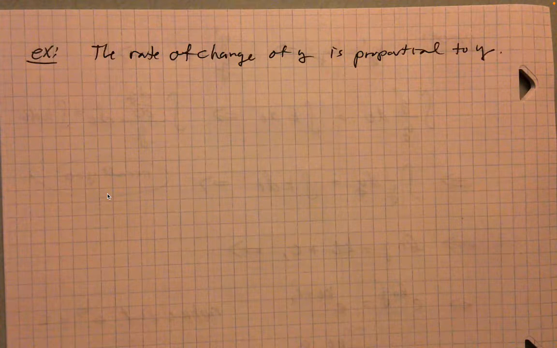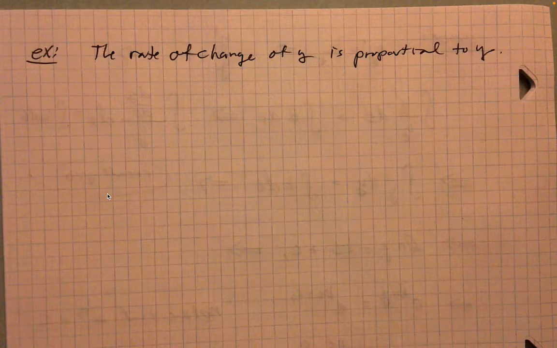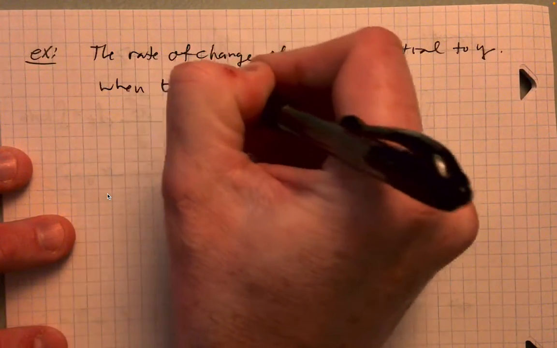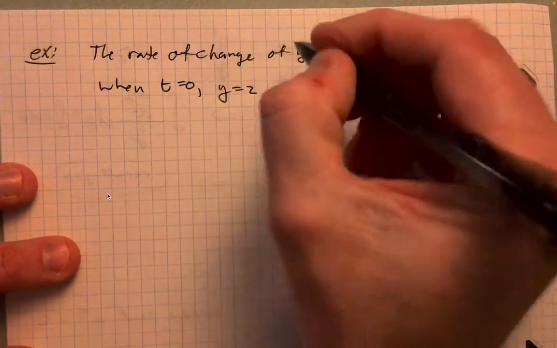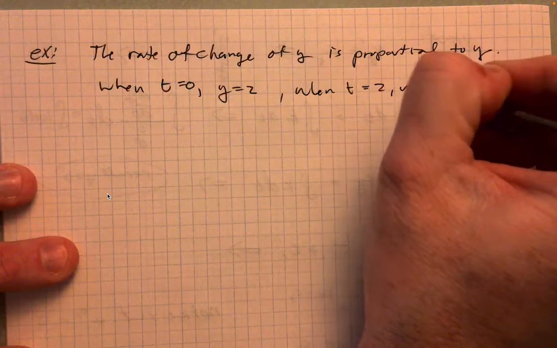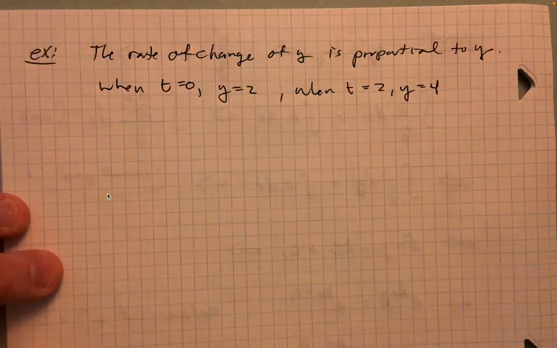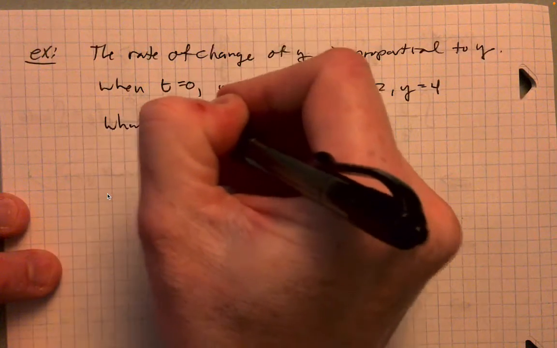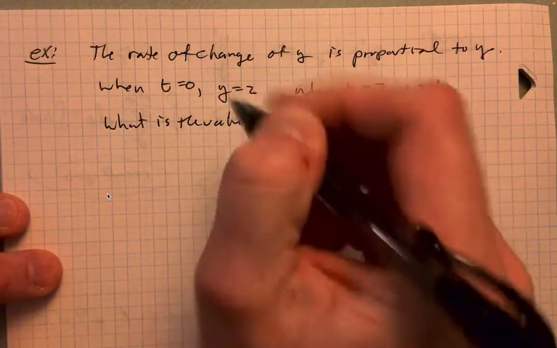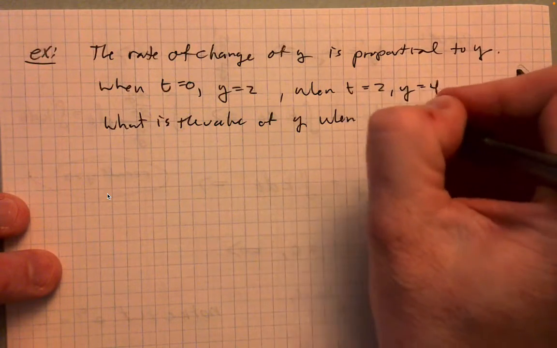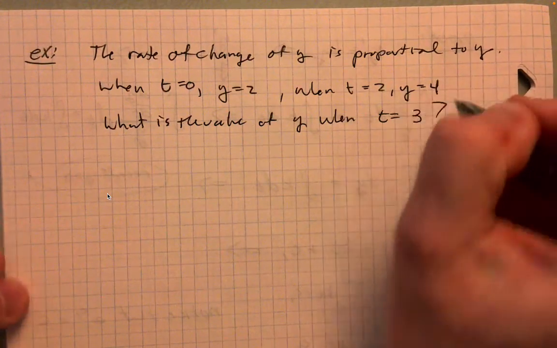And when t equals 0, y equals 2. When t equals 2, y equals 4. And then the question is, what is the value of y when t equals 3?